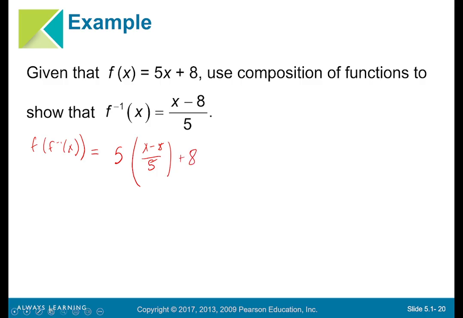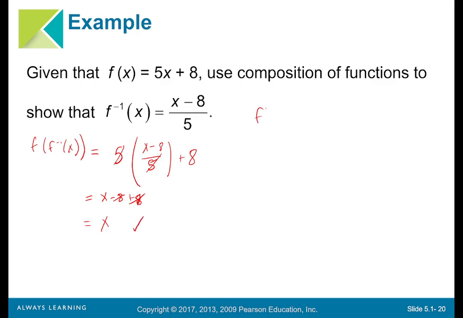See, I've plugged f inverse in place of x in my function for f. Now, when I simplify this, the 5's cancel, and I have x minus 8 plus 8. And of course, the minus 8 and the plus 8 cancel, and so we just have x as expected. So it worked in this direction.